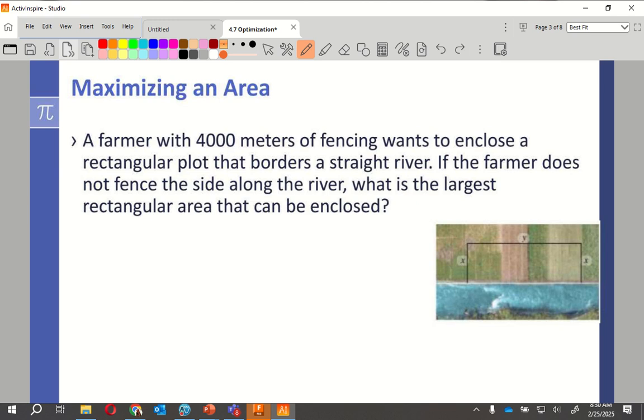So now we're going to have area. I have the area formula and the area of that shape. How would I find the area of the shape? Base times height. Length times width.